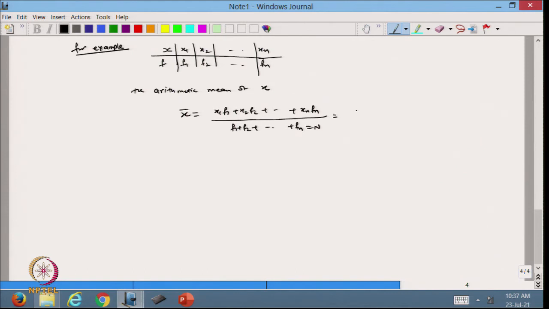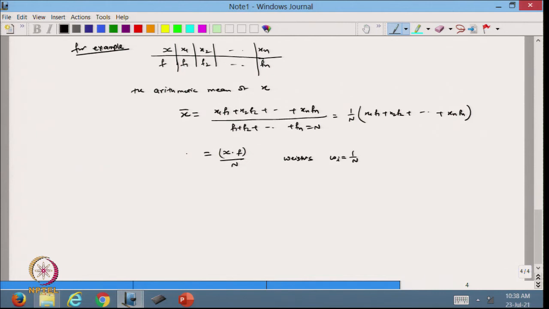So, from here I can write this as 1 over n times x1 f1, x2 f2, up to xn fn. Now, you can see that this can be written as the dot product of x with the frequencies divided by n. So, in this case the weights wi are 1 by n.